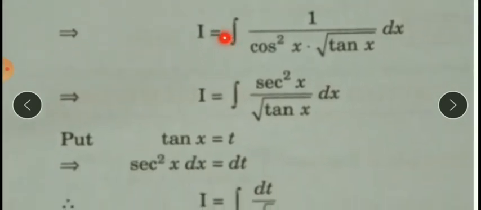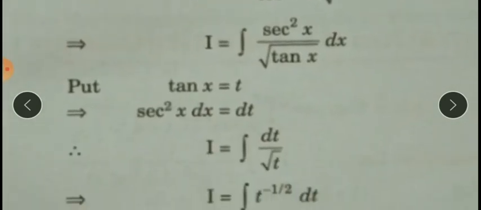Then the remaining part is I is equal to integration 1 upon, the denominator already contains cos x and one more cos x. Cos x into cos x is cos square x root tan x. This cos square x becomes sec square x in the numerator. Here this is integration sec square x upon root tan x dx.